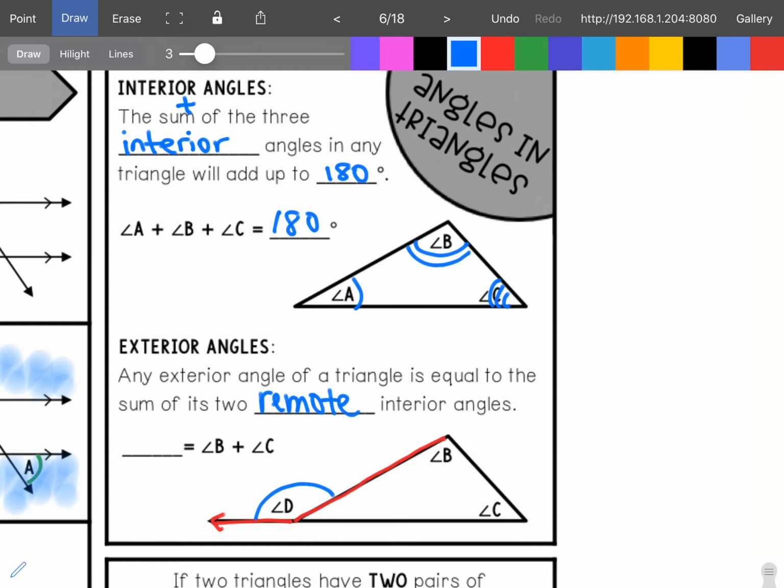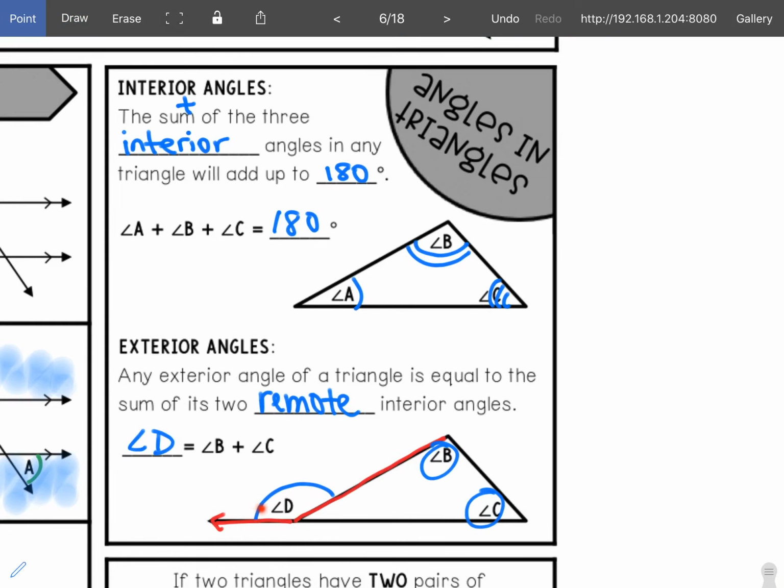So angle D there is equal to angle B plus angle C. For example, if we did not know angle D, but we knew that angle B was 100 degrees and angle C was 40, then 100 plus 40 would be 140, which means angle D would be 140 degrees.